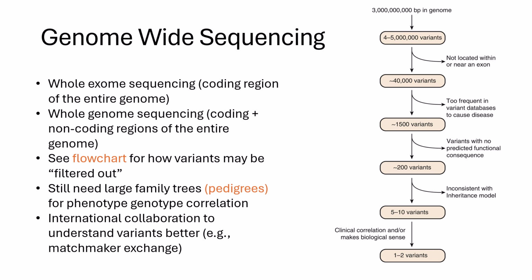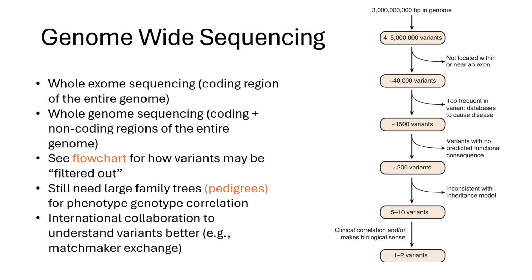So let's say we've removed all of the regions which are non-coding. We've removed about 4 million variants here. So of the 3 billion, we've removed the variants which are not located within or near an exon, and we're left with about 40,000 variants.